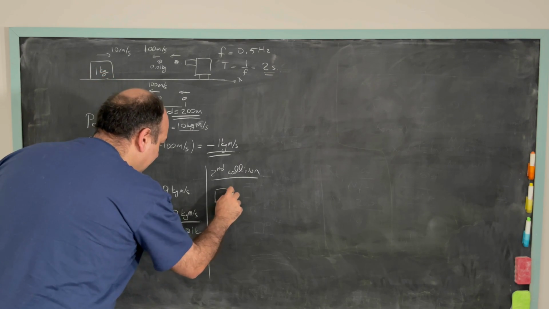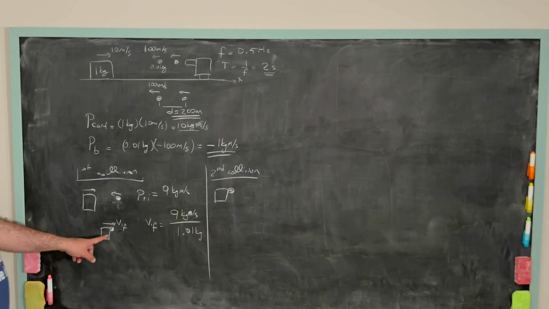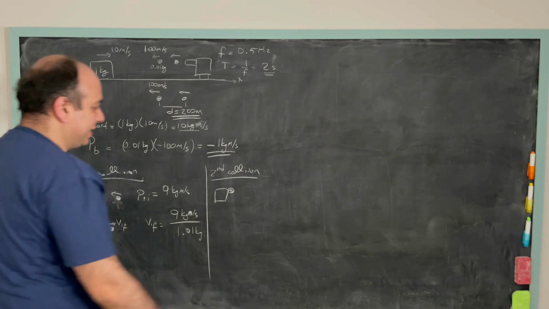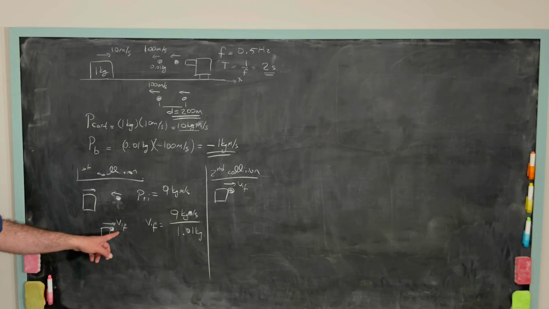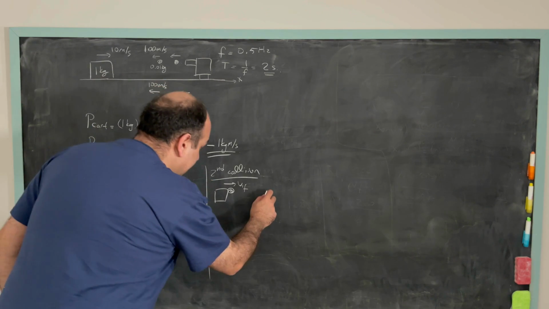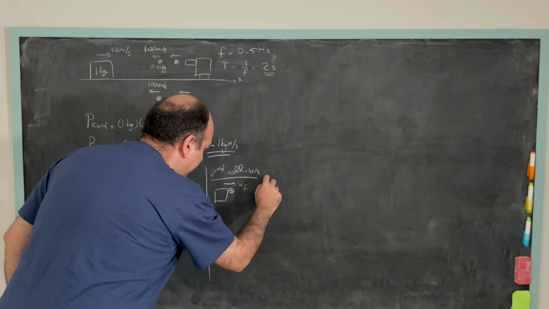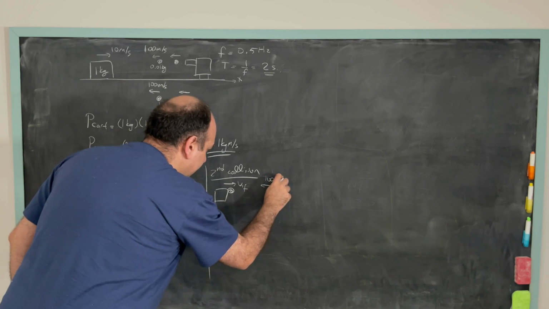We have the cart and one sticky ball already attached. They go with V1 final, with this speed to the right, and there is the second ball coming with the speed 100 meters per second.